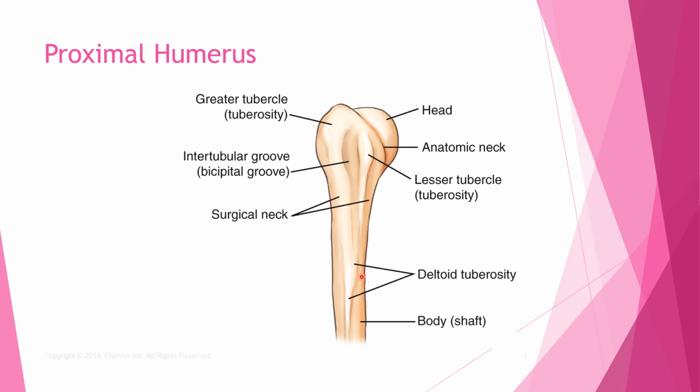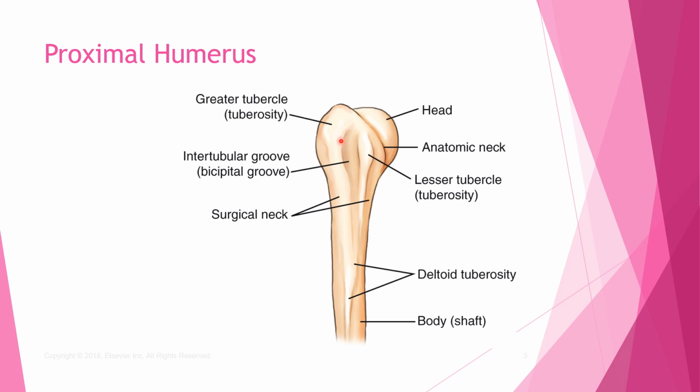And then you have the deltoid tuberosity and the body or the shaft of the humerus. Now, directly below the anatomic neck, we have the lesser tubercle, and then this one is larger, the greater tubercle, and typically on tubercles and tuberosities, that's where muscles attach.